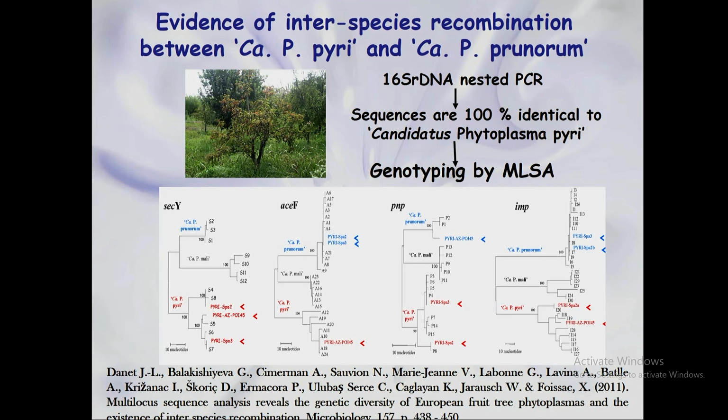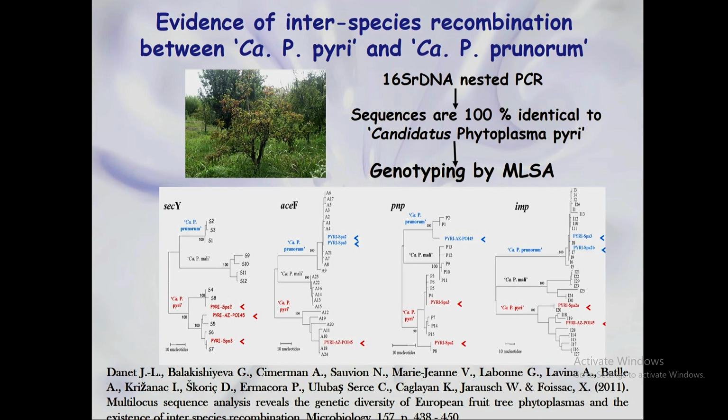You can see here this is Candidatus phytoplasma piri from the reddening pear tree, and this Candidatus phytoplasma piri isolate for the secY, ASF, and IMP genes clustered as Candidatus phytoplasma piri, and for the PNP gene, I'm so sorry, they have an allele clustered with the Candidatus phytoplasma prunorum.